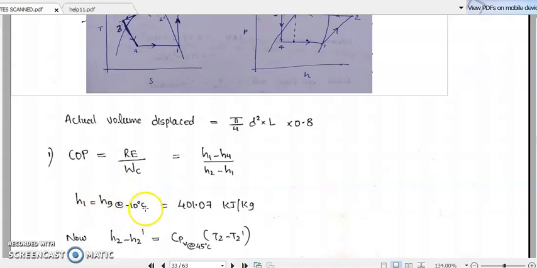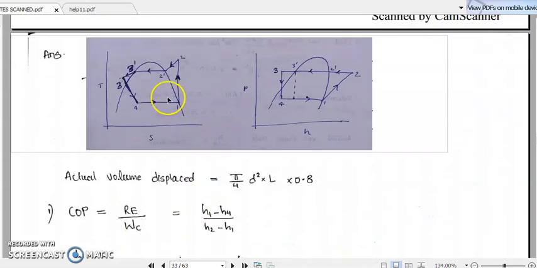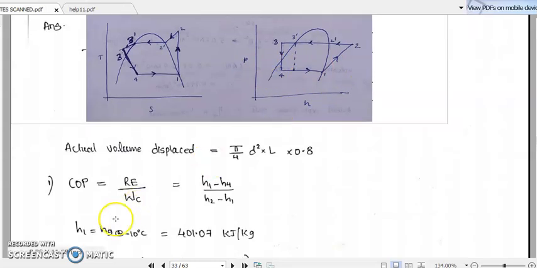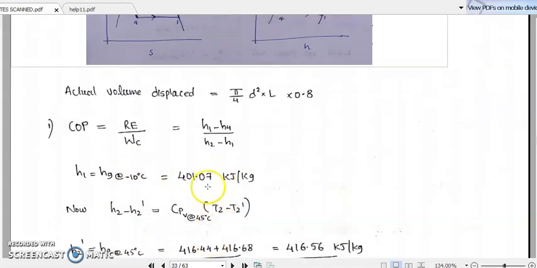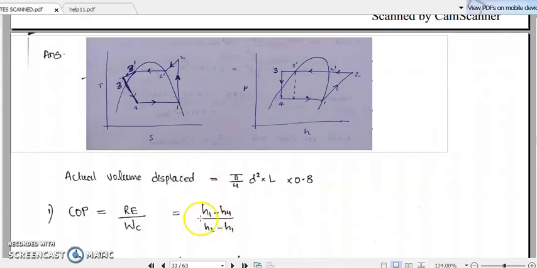Why did we choose minus 10 degrees Celsius? Because it was the temperature of the refrigerant when it was passing through the evaporator. So the evaporator temperature was minus 10 degrees Celsius, and H1 equals the Hg value at minus 10 degrees Celsius, which we can directly find from our tables. It will be 401.07 kilojoules per kilogram.